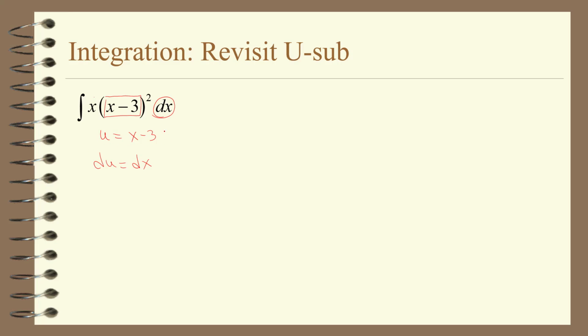After all, we have a relationship between u and x. Just solve for x. You get x equals u plus 3. Now we have something for the x also. So this becomes the integration of u plus 3 times u squared du. At this point, now I'll just distribute the product to get the antiderivative of u cubed plus 3u squared du.